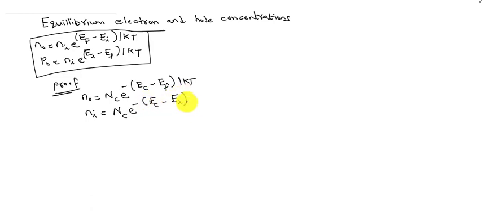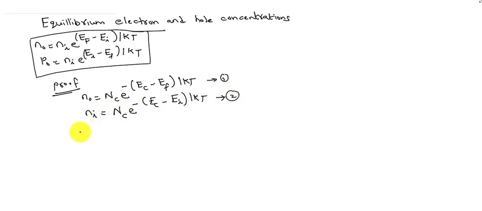This is the equation for an intrinsic material. These two equations we have already discussed in deriving the mass action law. We call this equation 1 and this equation 2.